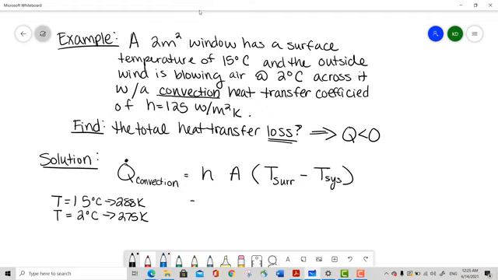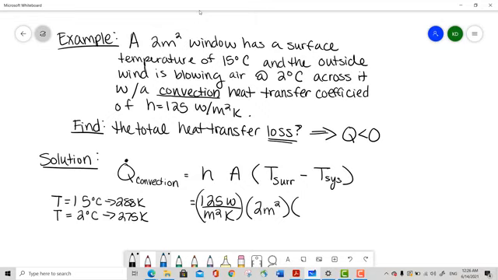Okay, and so let's go ahead and pull in for this, right? So we know what H is, it's given right here. 5 watts over meter squared Kelvin. Okay, and then times A. What is A? Right here, 2 meters cubed. Okay, and then we have T of the surroundings.